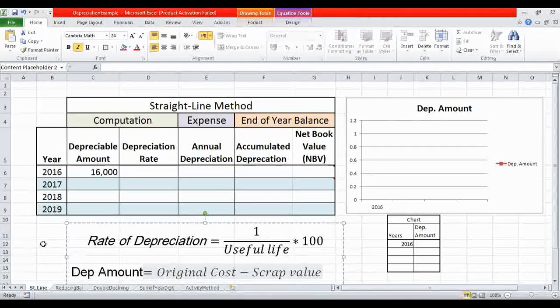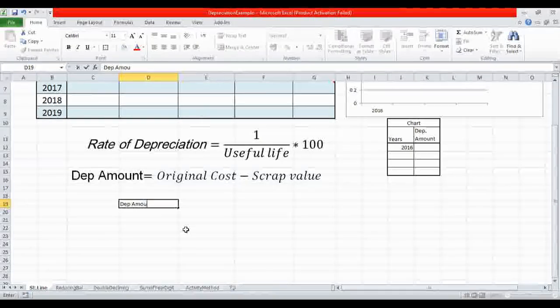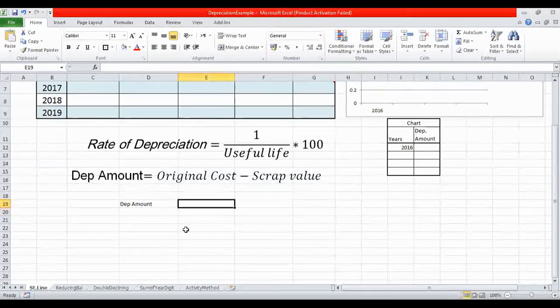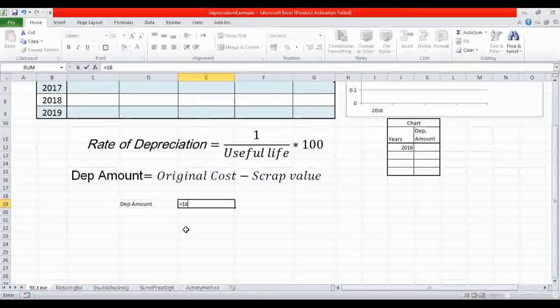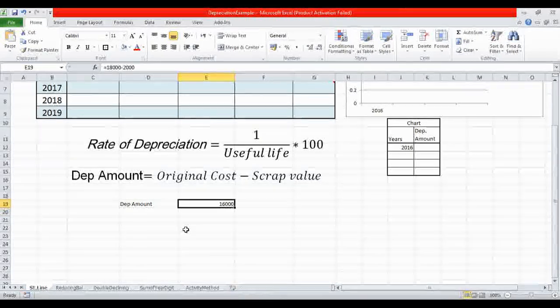The cost is 18,000, minus scrap value 2,000. So 16,000 is our depreciable amount.